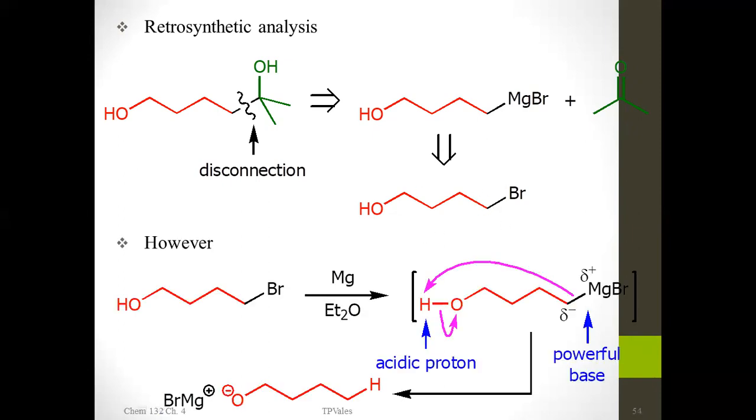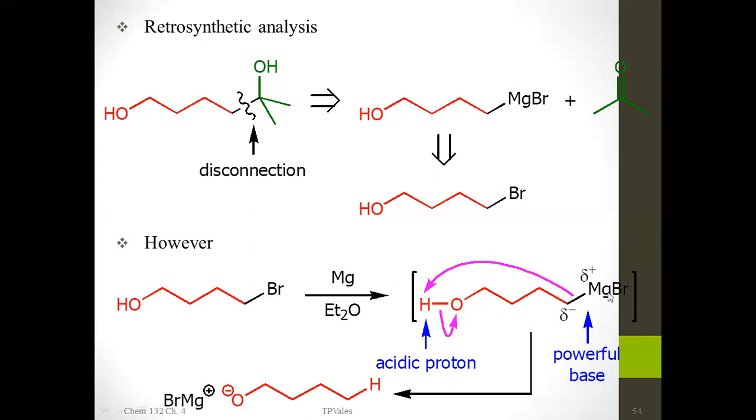However, the downside, as we have already mentioned, is Mg in the presence of diethyl ether. What happens is that this Mg, even if we have your MgBr, will be used to form a bond.